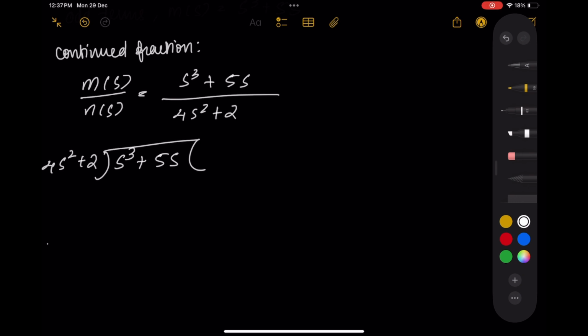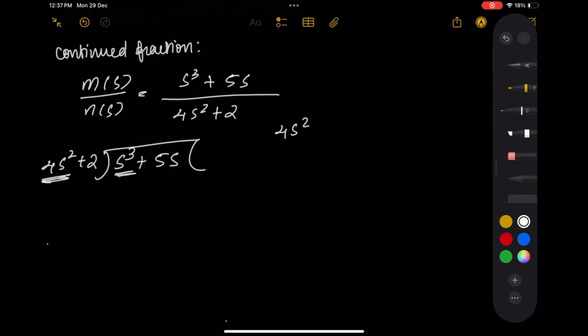Now how can we divide this? It's basically very simple. We just have to make sure that we match the first terms on every division. So I am considering 4s square. I have to multiply some value with 4s square to make it s cube.